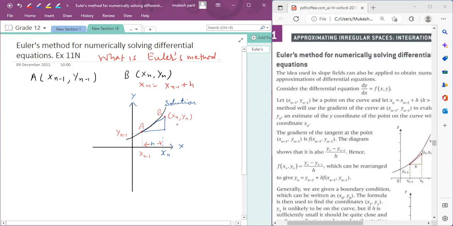Okay, so gradient equals, right? So we find the gradient at point A. So what will be the gradient at this point?